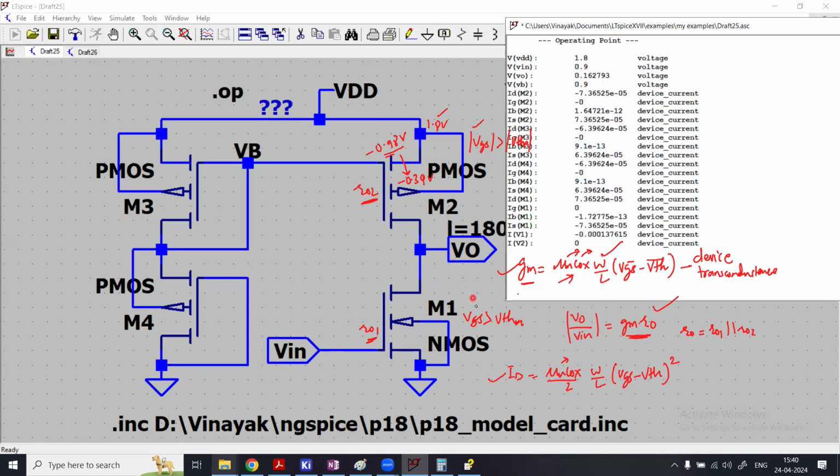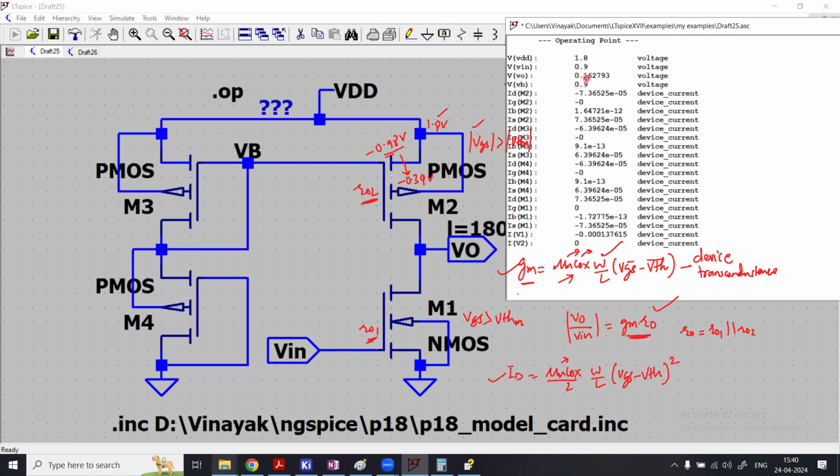Well, 160 millivolt. And if M1 has to be saturated, then VGS minus VTH, which is the overdrive voltage, should be less than this 160 millivolts. VGS is 0.9, VTH is 0.36. So 0.9 minus 0.36 is about 600 something.